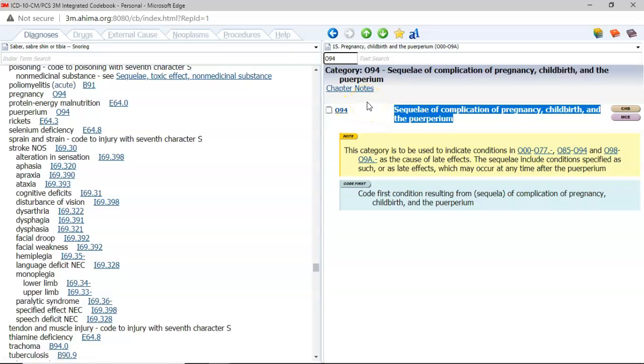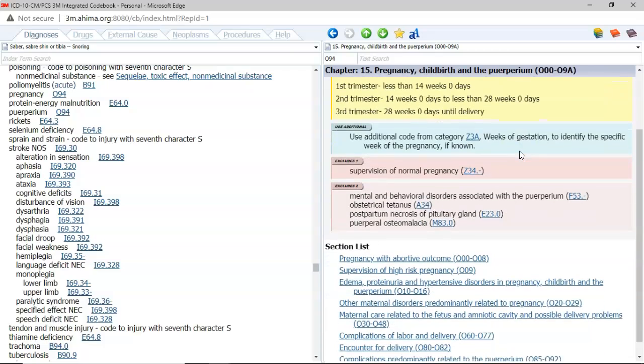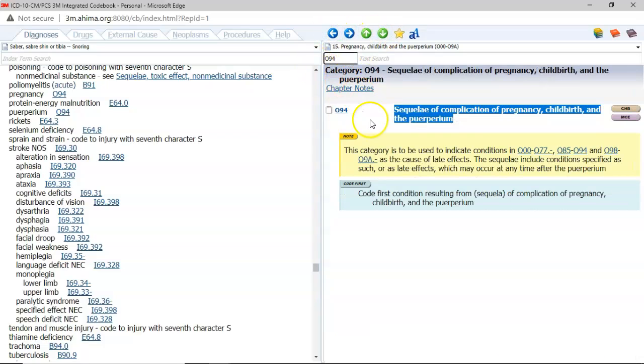We need to be sure that we look at all of our instructional notes here. Let's look at the chapter notes. Basically, we've looked at these before, and it tells us that these codes can only be applied to codes related to obstetrical patients. But you'll see a note here, and it tells us that this category is used to indicate conditions within this obstetrical chapter as the cause of late effects.